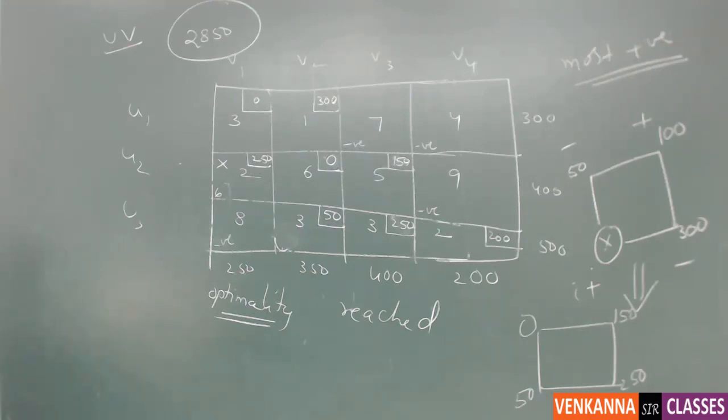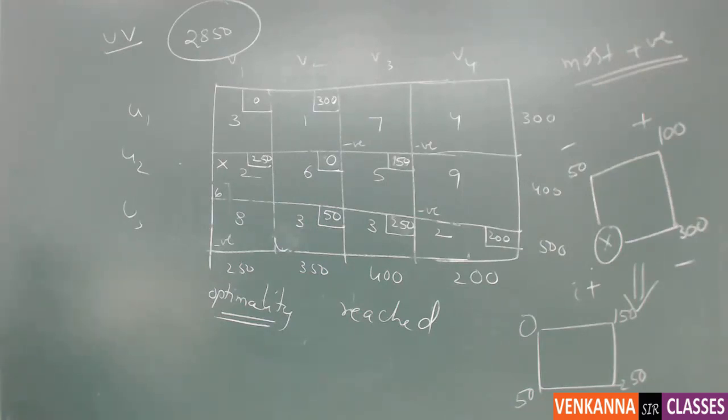I have taken this example because you will easily understand the modifications taking place in the tabular data. How to calculate Ui, Vj, penalties, and how to construct a closed path, how to do the allocations based on the closed path, and how to do the final solution. That is my intention to say here.